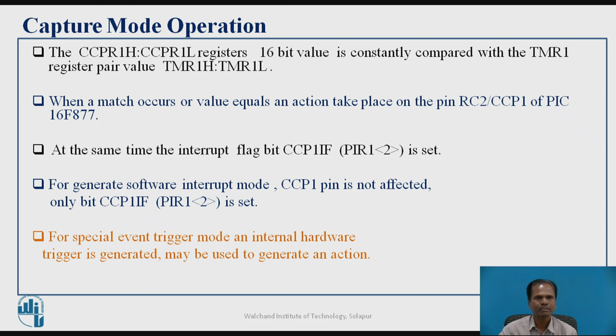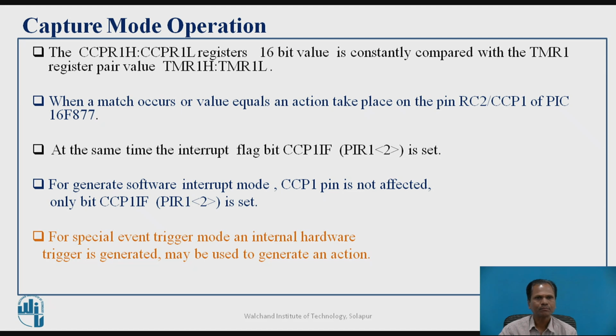When the value in the CCPR1H and CCPR1L registers becomes equal to the timer 1 registers TMR1H and TMR1L, an action is generated on the output pin of the CCP module, that is RC2/CCP1 of the PIC microcontroller 16F877.